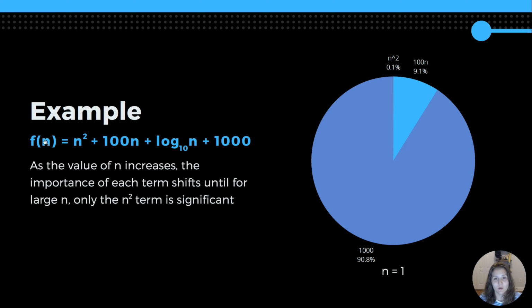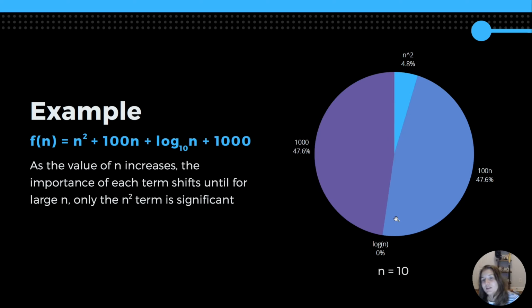In the very beginning, when n is equal to 1, the most important number, or basically the heaviest weight, is 1,000. 1,000 takes up 90.8% of the value of this function, because n squared is 1, 100 times n is 100, and log base 10 of n is 0. So the only value that really matters here is 1,000.